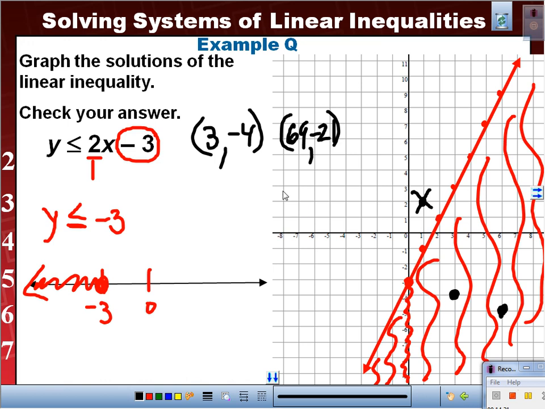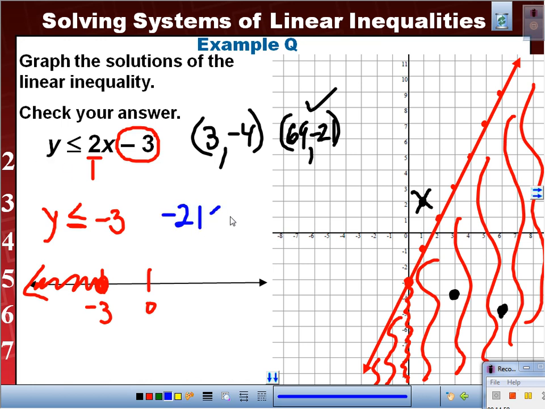How can we check if that point, because it's like an exaggeration, right? How can we check if this point is a solution? Because it says check, right? So how can we check if this point is a solution in that inequality? That is correct. Substitute the values, right? What is y?